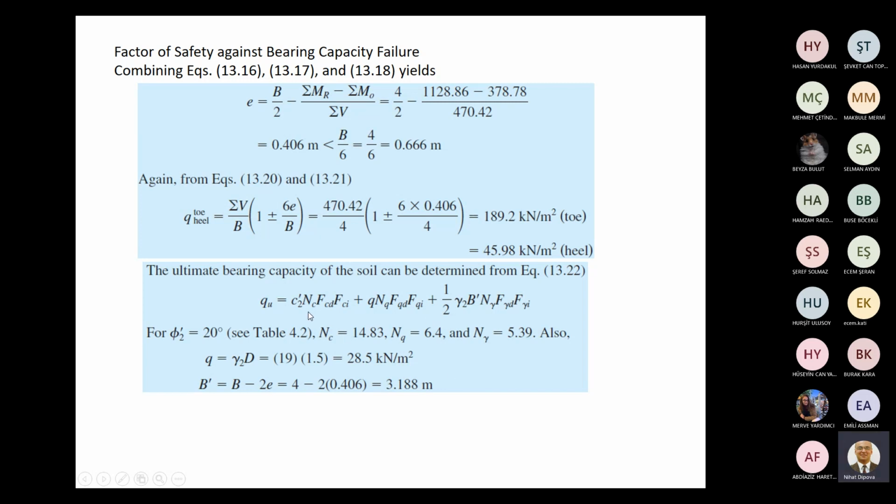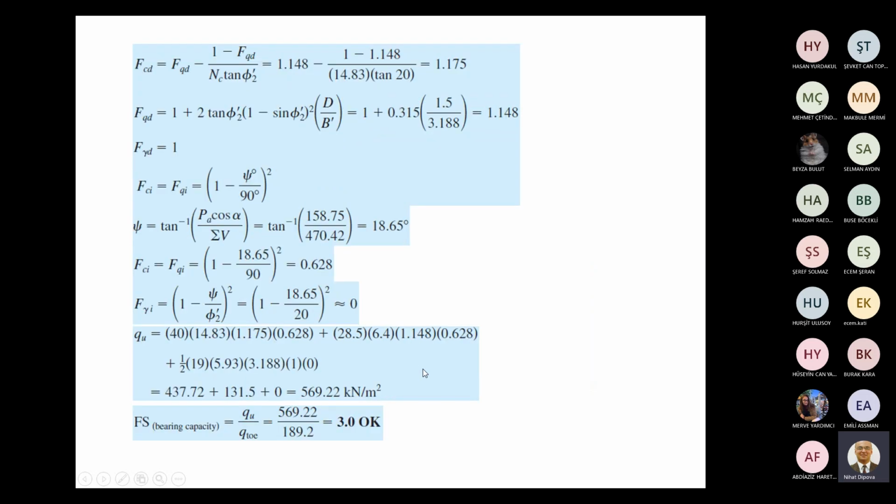To calculate bearing capacity, of course, we need these N and F factors. They are given in your textbook as table, and you can determine these values and F values.